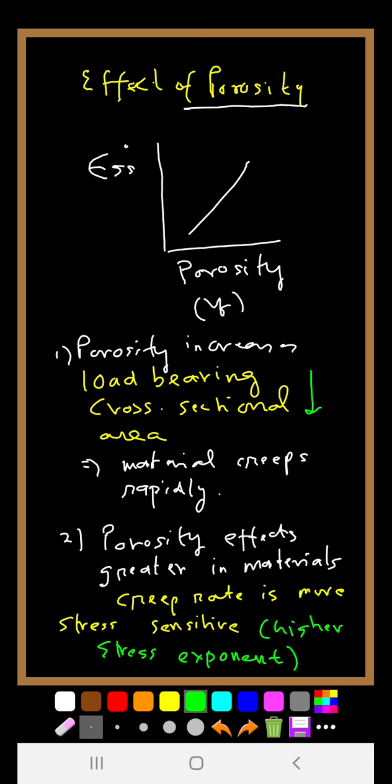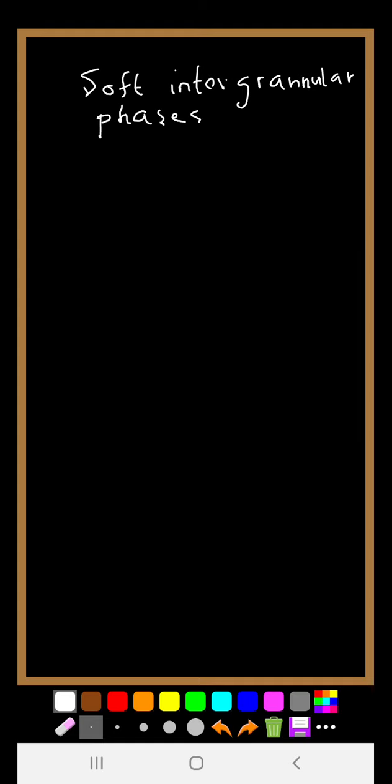Now, apart from that, other factors which affect creep are soft intergranular phases. Intergranular phases soften or melt at high temperature, characterized as IG phases.